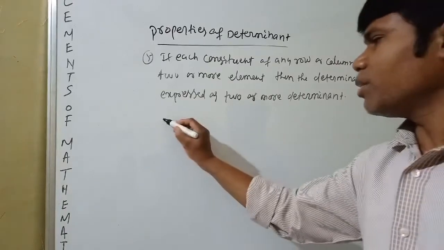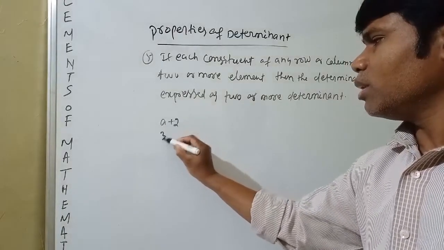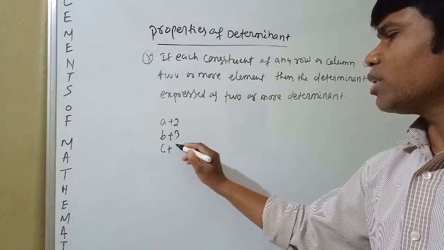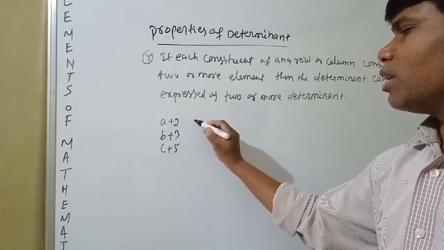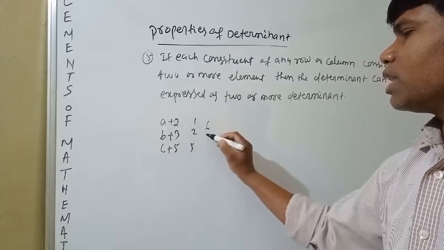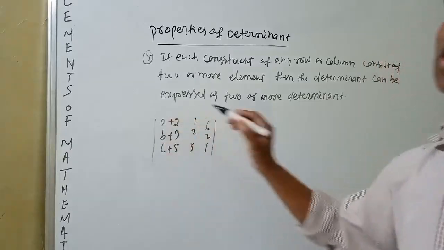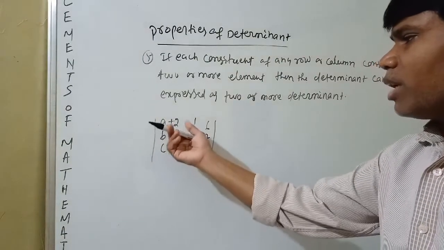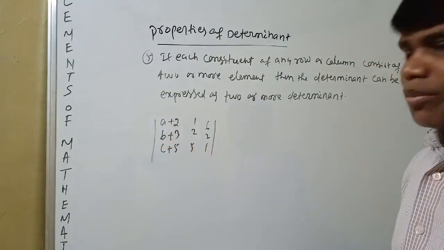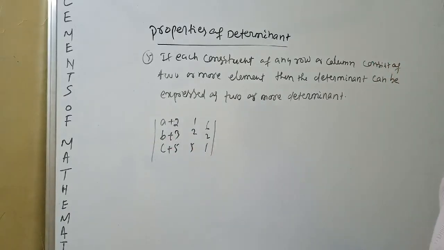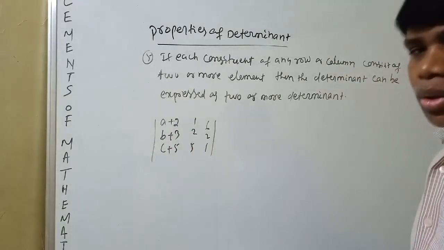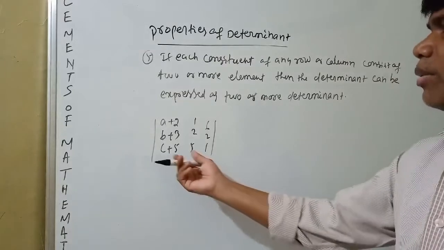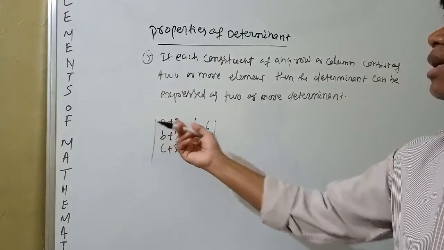Suppose the determinant given has first column a plus 2, b plus 3, c plus 5, with other columns 1, 2, 5 and 6, 2, 1. This column consists of 2 elements: a is an element, 2 is an element.